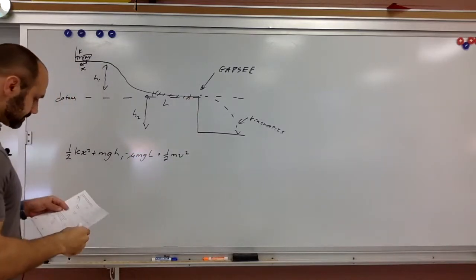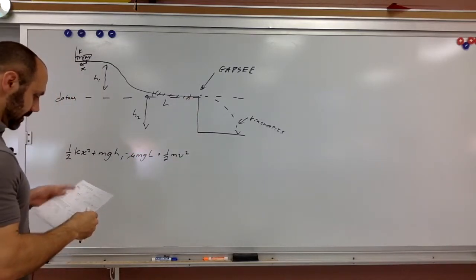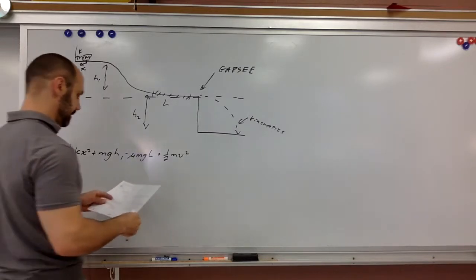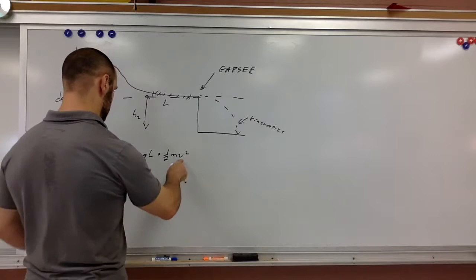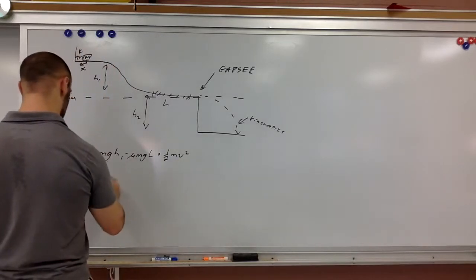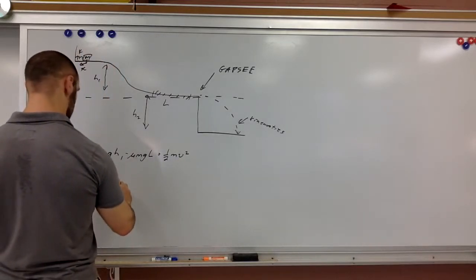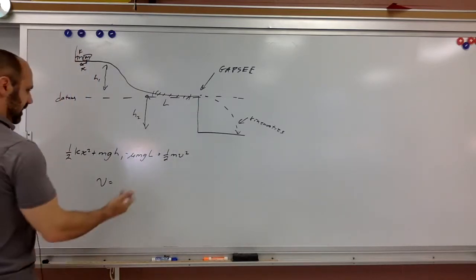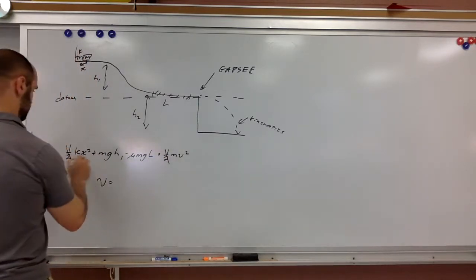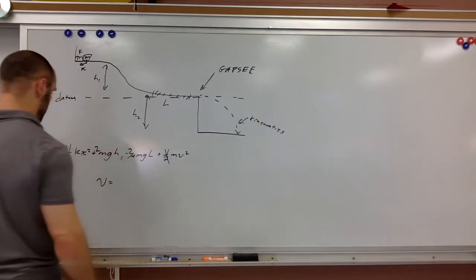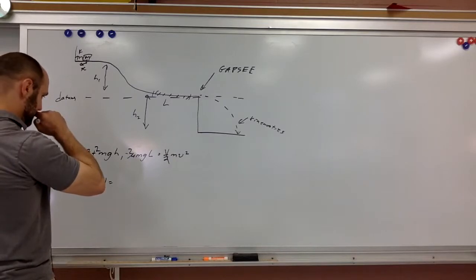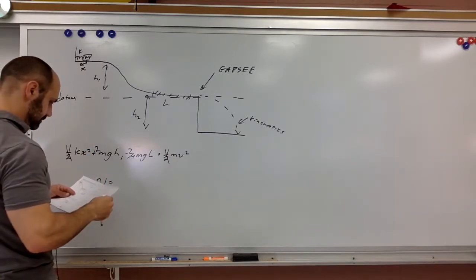I don't have this in terms of any numbers, so all I'm going to do here is solve for v. Can I simplify anything else? I can multiply by 2. So this equals, do I divide by m?